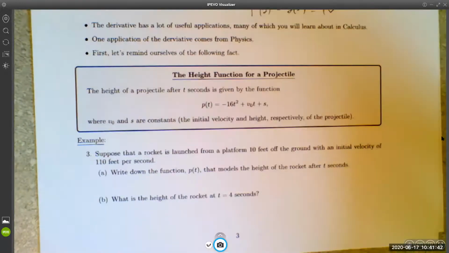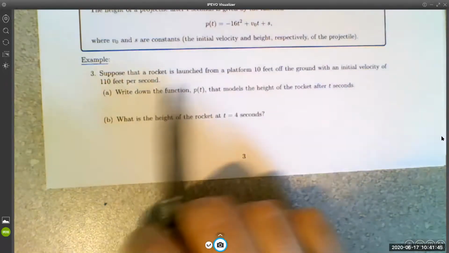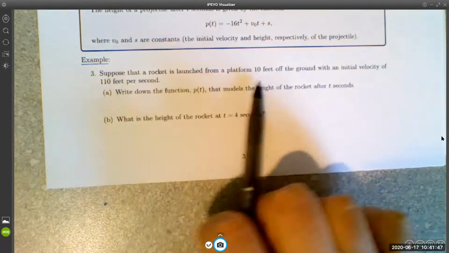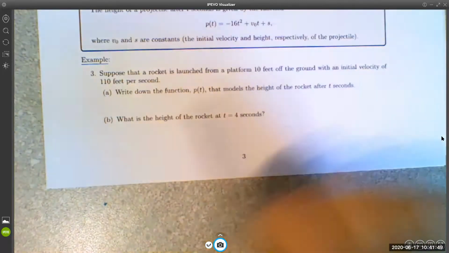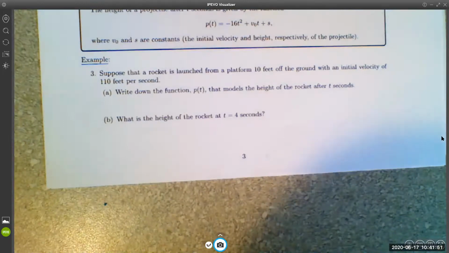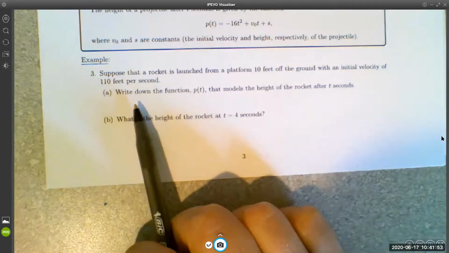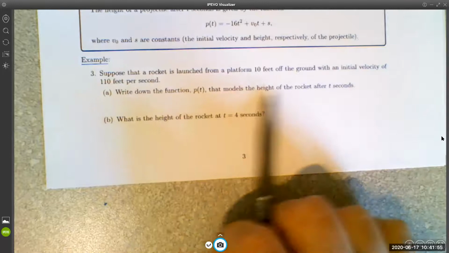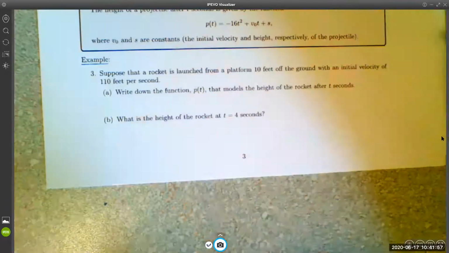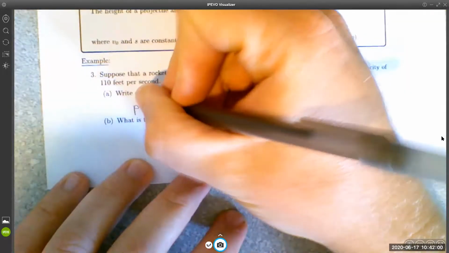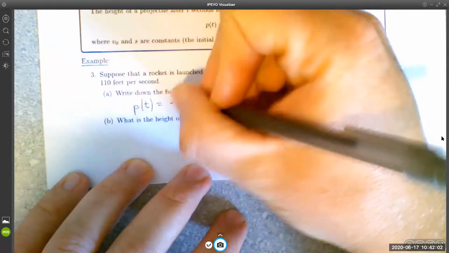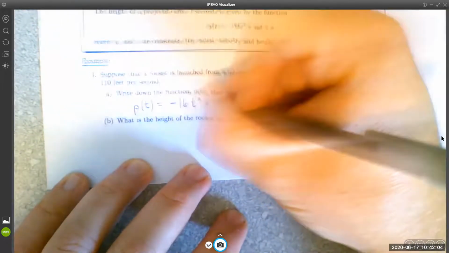So, for example, suppose that a rocket is launched from a platform that is 10 feet off the ground with an initial velocity of 110 feet per second. Part A asks us to write down the function, p of t, that models the height of the rocket after t seconds. So p of t is going to be negative 16t squared plus the initial velocity.